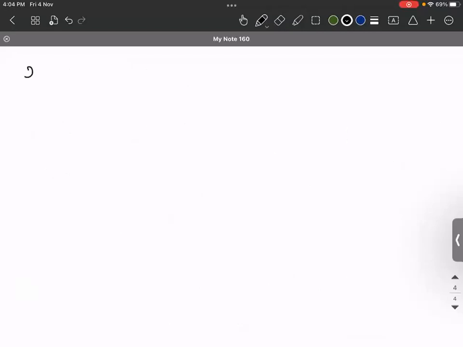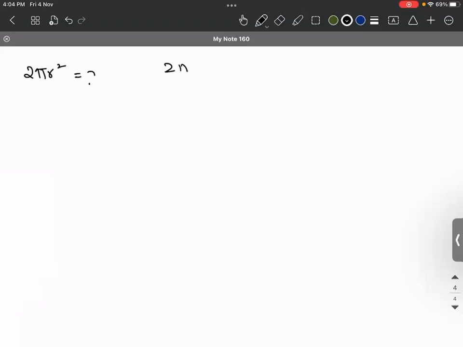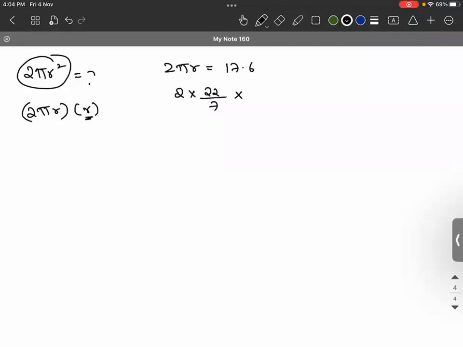So 2 pi r square is what we need to find. What is the data we have in our hand? 2 pi r is equal to 17.6. I thought I'd write this as 2 pi r into r and then solve, but I can't do that because I don't know the value of r. So I have to find it: 2 into 22 by 7 into r is equal to 17.6.